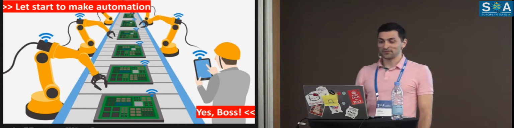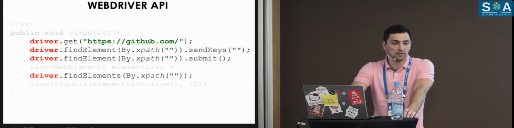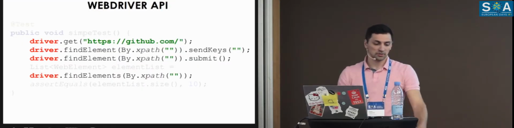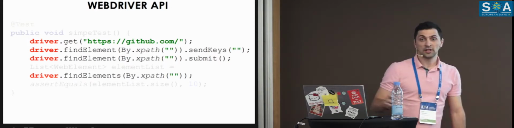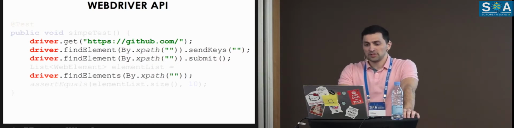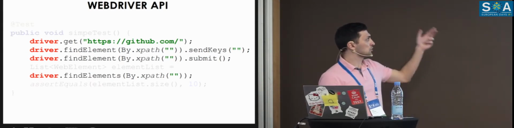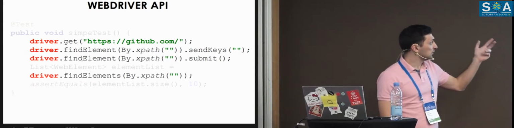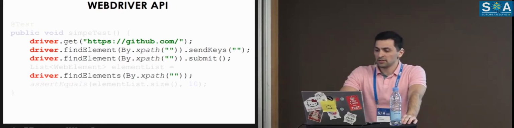That last one is a joke. After a sleepless night, you find a solution. The famous instrument for this is the Selenium API. On the slide, you see an example of a test where we use the Selenium API. We open our page, use different methods, find elements, and submit or click. You do what the boss wanted, and he is happy.